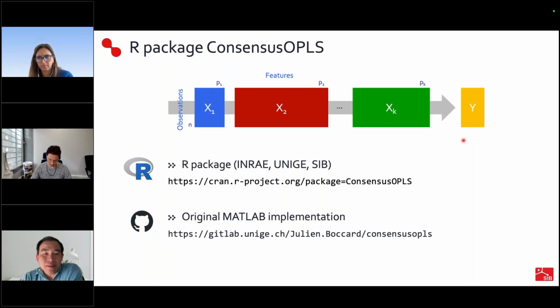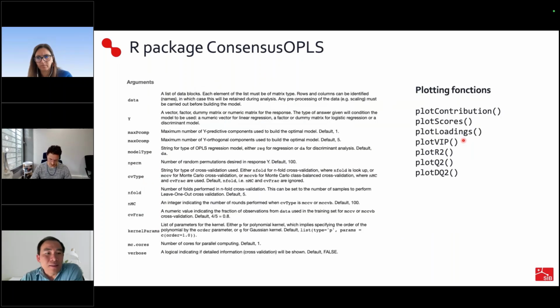That's the interface of the method. The method will take the multi-block data, the response, the number of predictive components, etc. It will provide you a number of functions to visualize the result.